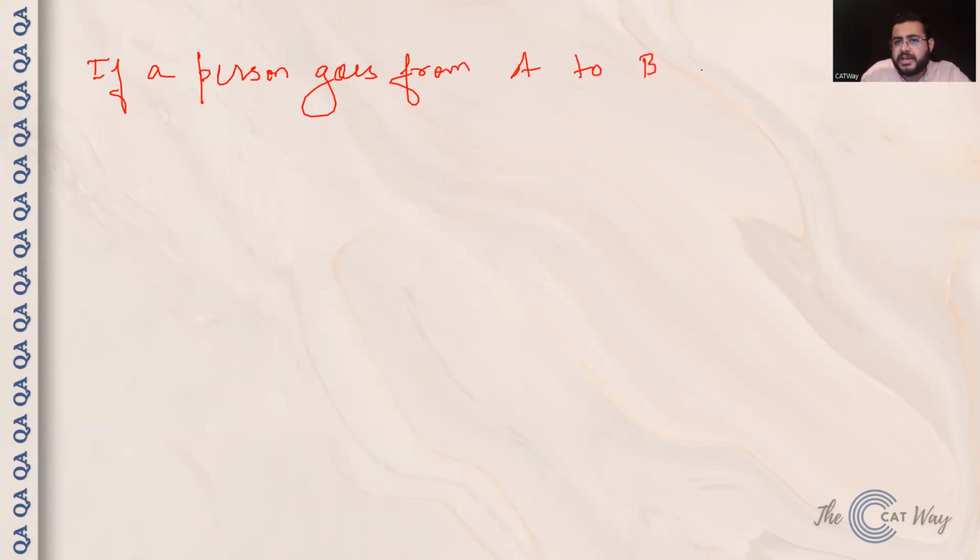Let's write it down: if a person goes from A to B at x kmph and comes back to A at y kmph, that is our to and fro motion case.